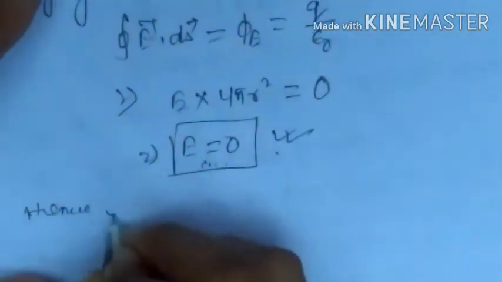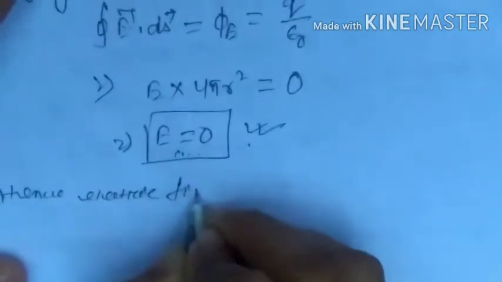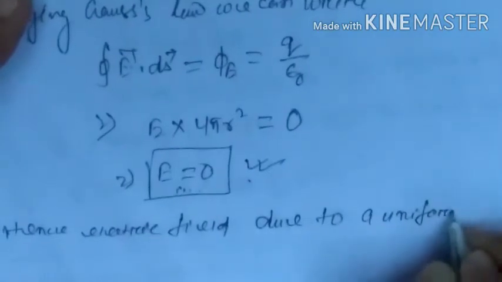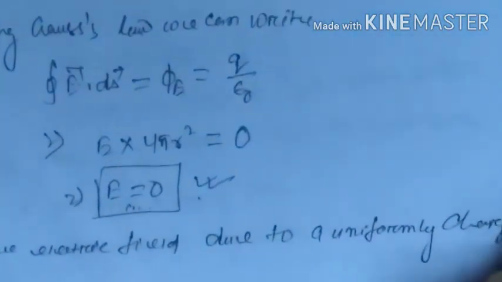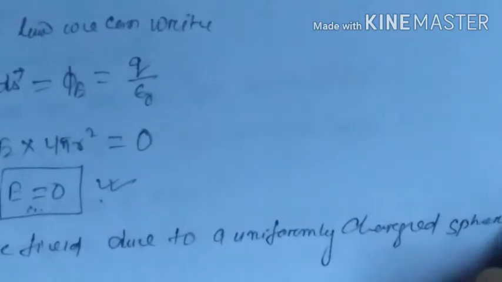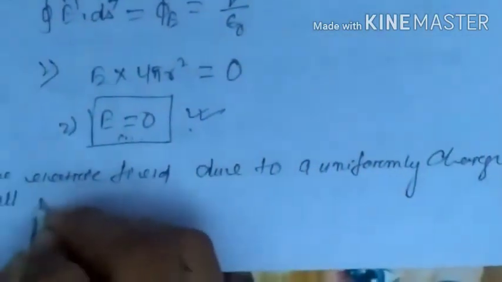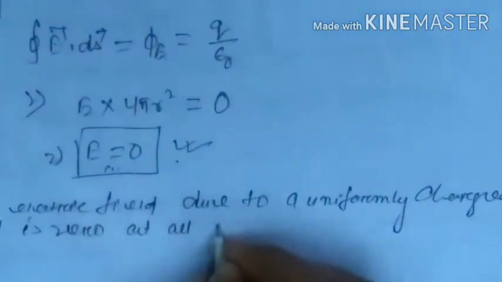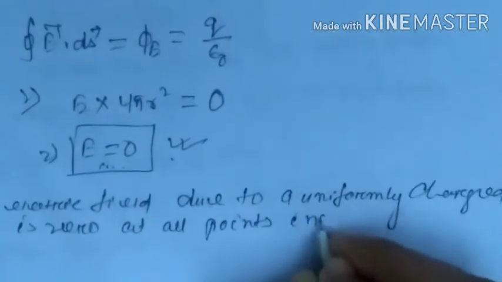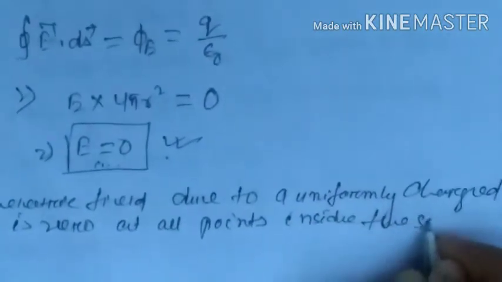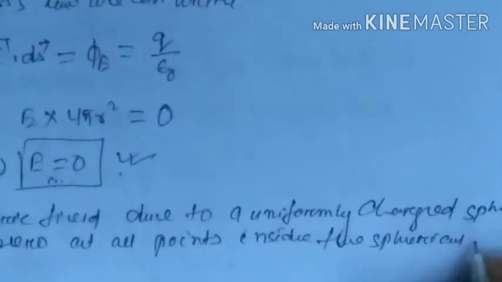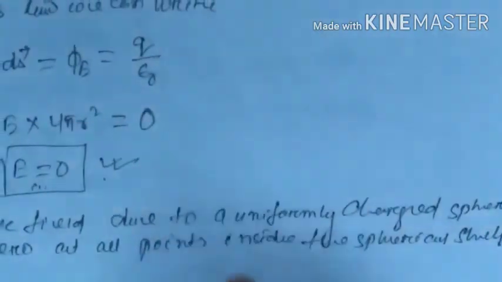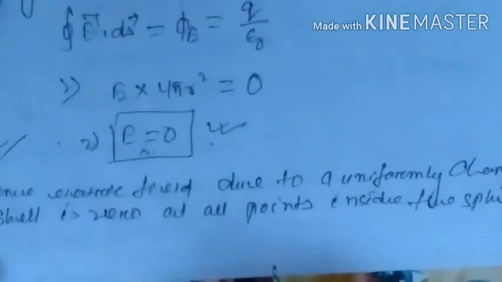Hence electric field due to a uniformly charged spherical cell is 0 at all points inside the spherical cell. Okay, so it is very important from the exam point of view.